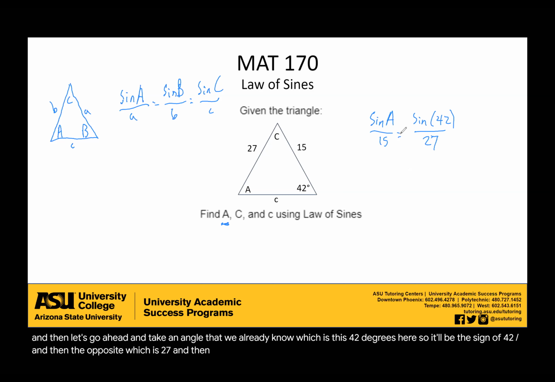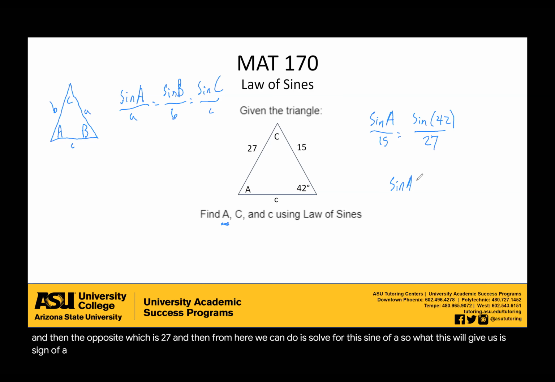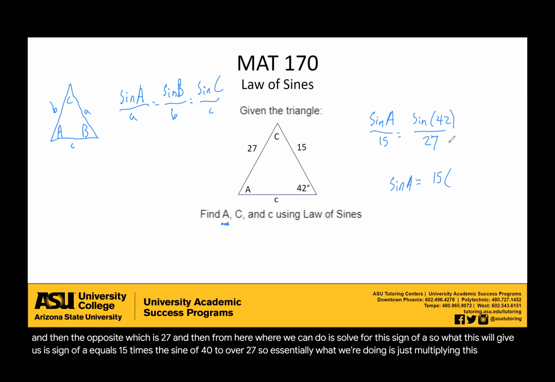From here, we can solve for sine of A. Sine of A equals 15 times the sine of 42 over 27. Essentially we're just multiplying the 15 to the other side.